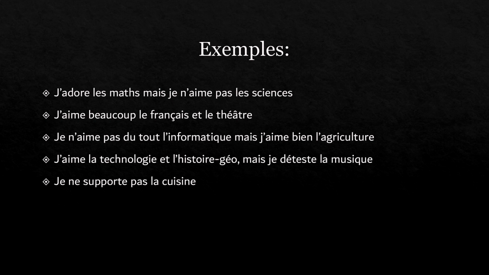Okay, next one we have j'aime beaucoup le français, obviously, you really like French, et le théâtre. So I've just added an and in there. J'aime beaucoup le français et le théâtre.